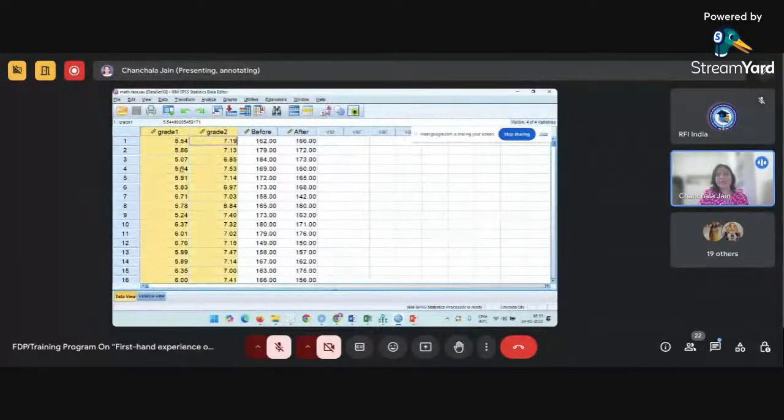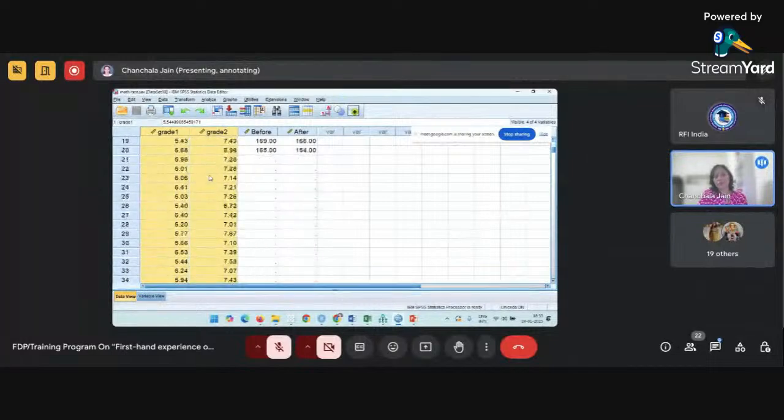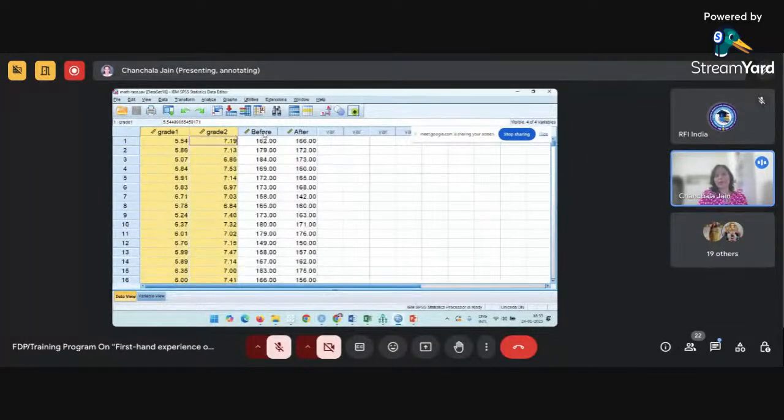That means this is one set of data given to us and the second set of data is before and after. So here I will take grade 1 and grade 2 for the paired sample statistics. For your practice purpose, you can use the other set of data, that is before and after, right? So suppose we have the grade of the students before teaching them, and after teaching them, the grades are given in the grade 2 column, right?